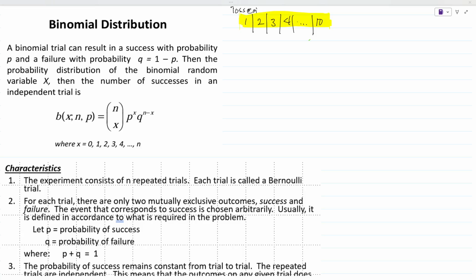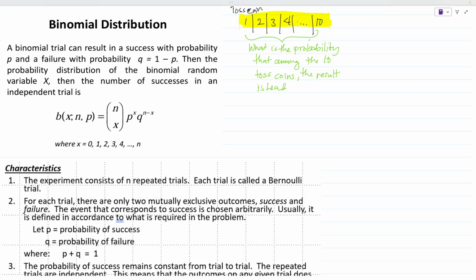Okay? Ang hinahanap ng binomial distribution is, among all of these 10, how many, or what is the probability that among the 10 toss coins, the result is heads.